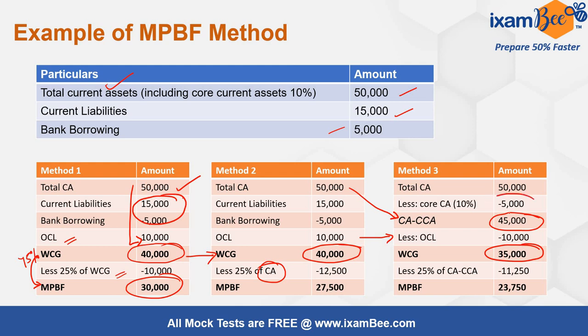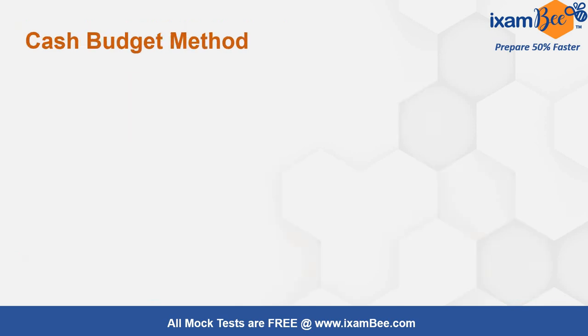Because this 5,000 of core current assets are already funded through long-term sources, because these are permanent in nature and therefore not to be covered by the working capital. And here then we reduce it by 25% of the requirement of the actual current assets that need to be funded to arrive at the maximum permissible bank finance. So this was as per the Tandon committee.